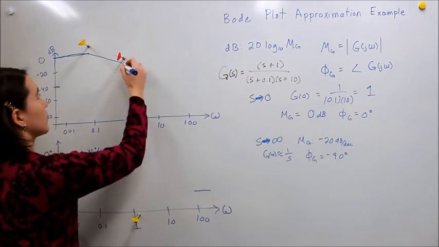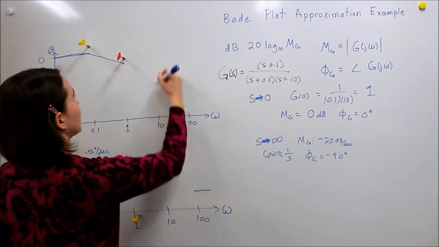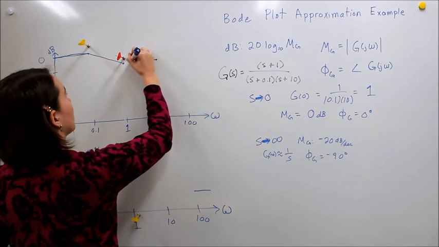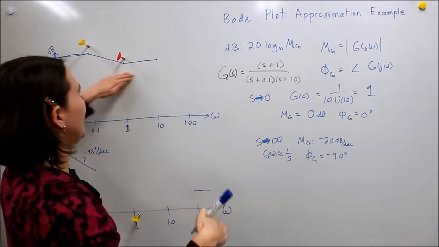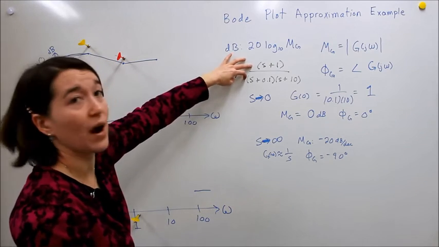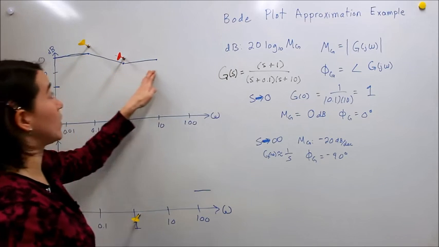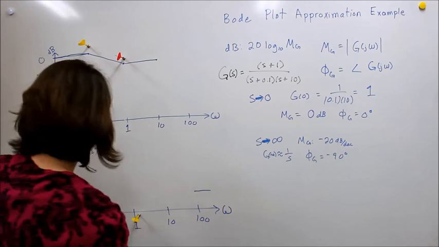So between here and our next pole, which we know is 10, we're going to see approximately constant magnitude, staying at 1 until we hit the next pole. These two cancel each other out, and that's what we're seeing between 1 and 10.